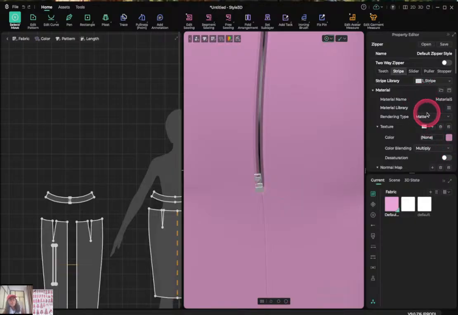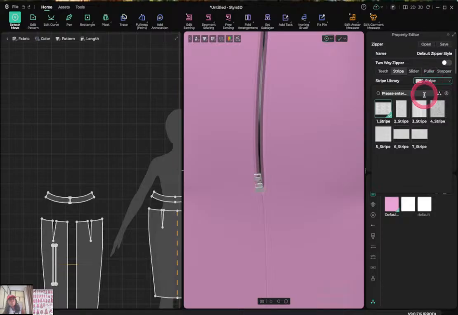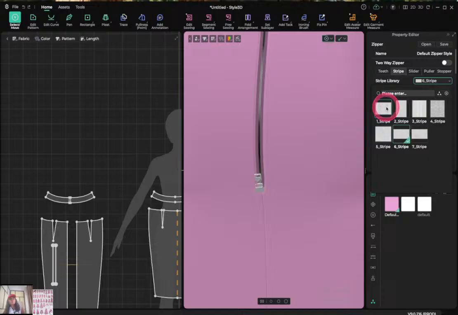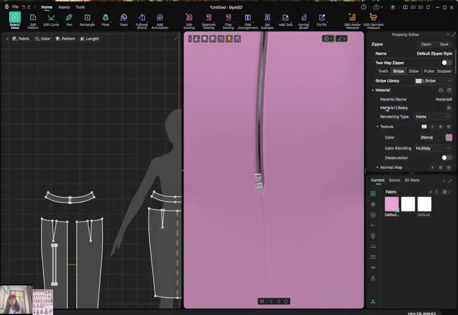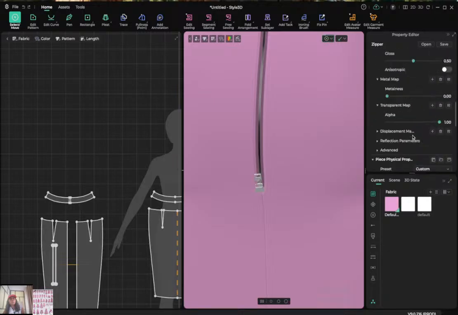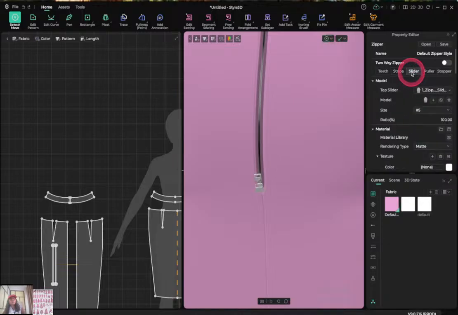And the strap is a bit too big. No. A top slider.